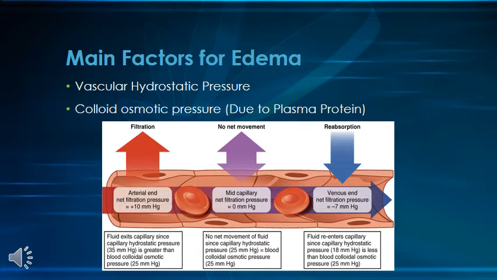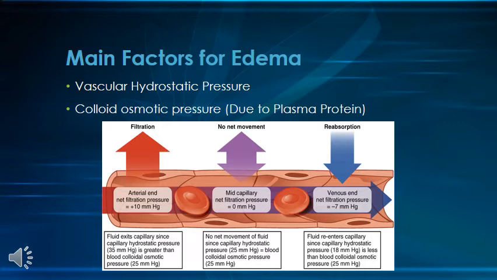Now you have blood vessels in your diagram. In the left corner where the arterial end is present, there is a thing mentioned, net filtration pressure 10 millimeters of mercury. First of all, try to understand vascular hydrostatic pressure. What is the role of vascular hydrostatic pressure in edema?